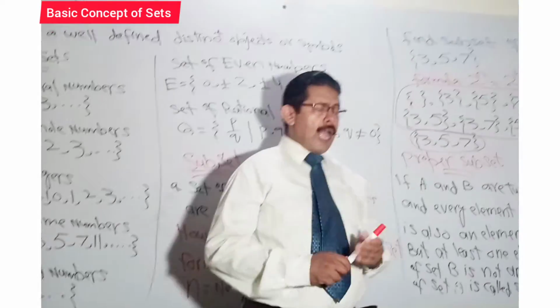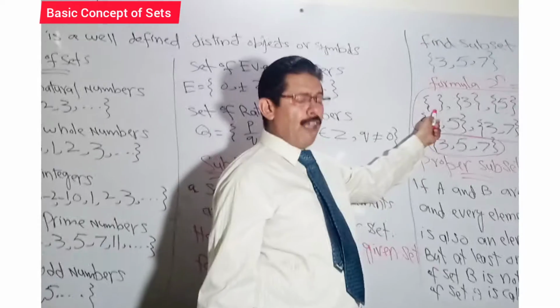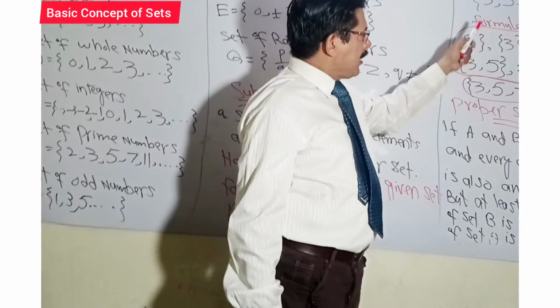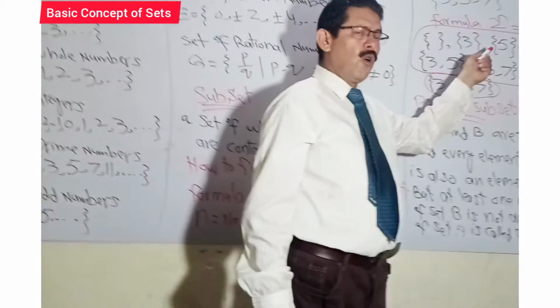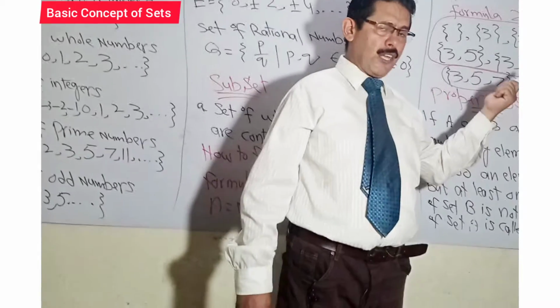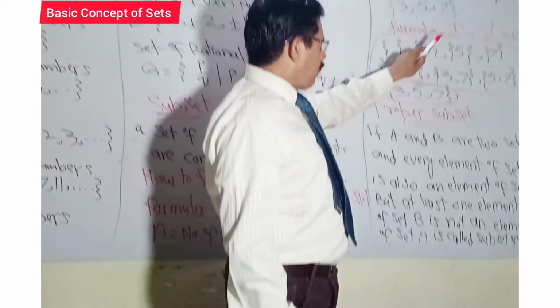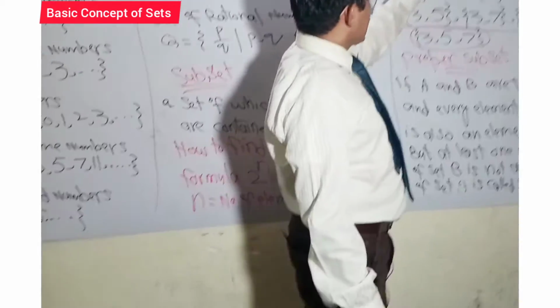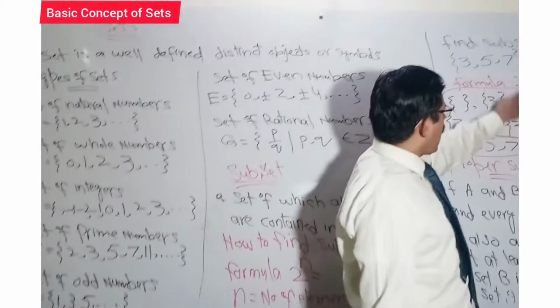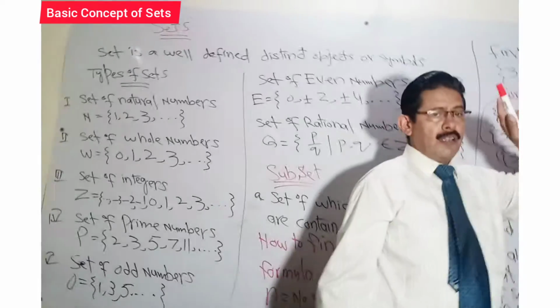First of all, the empty set is a subset of every set. After that, we will write singleton sets. A singleton set means a set which has just one value. We will write the single values: 3, 5, and 7.